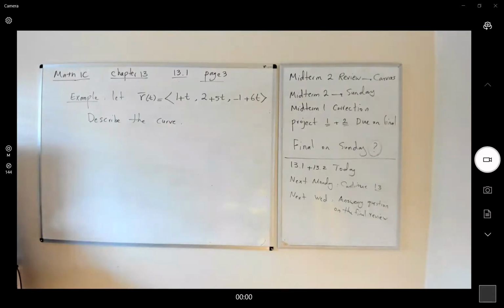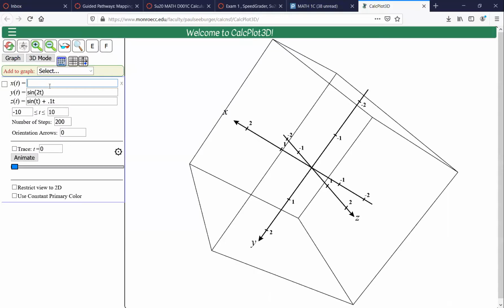Okay, guys. Let us take a look at our graph. So our x is 1 plus t. Our y is 2 plus 5t. And our z is minus 1 plus 6t.